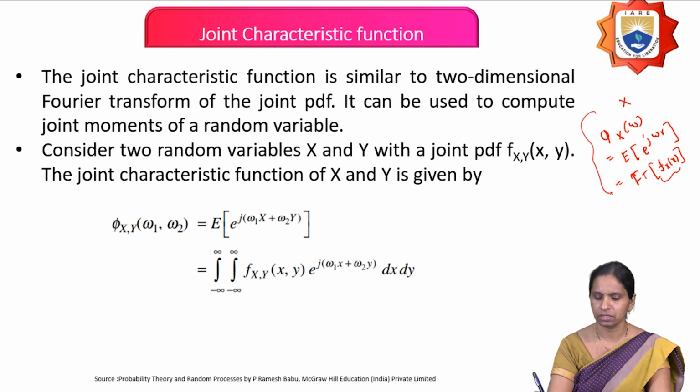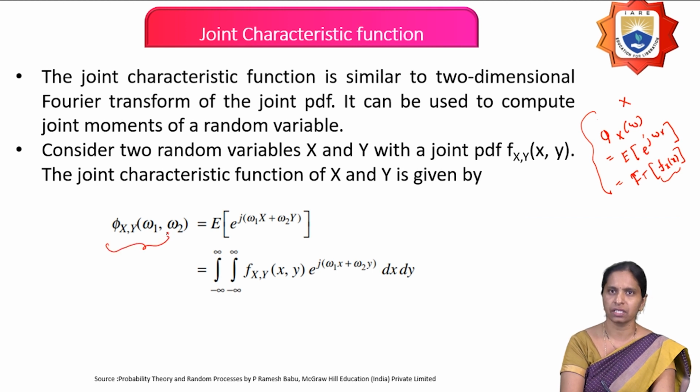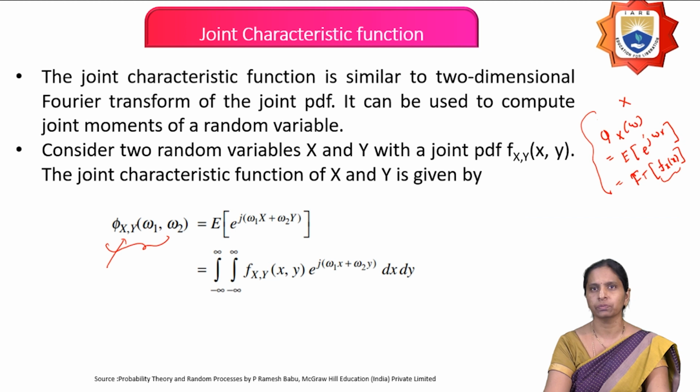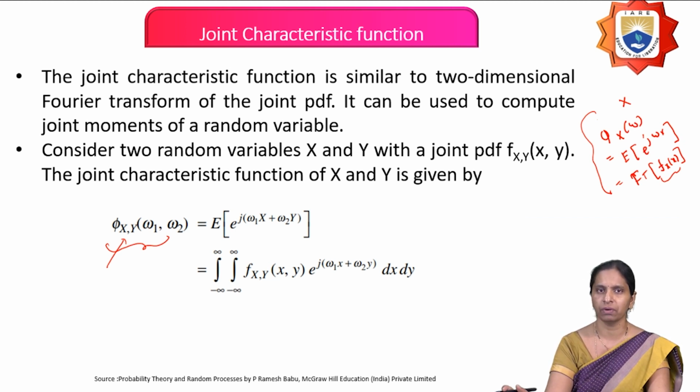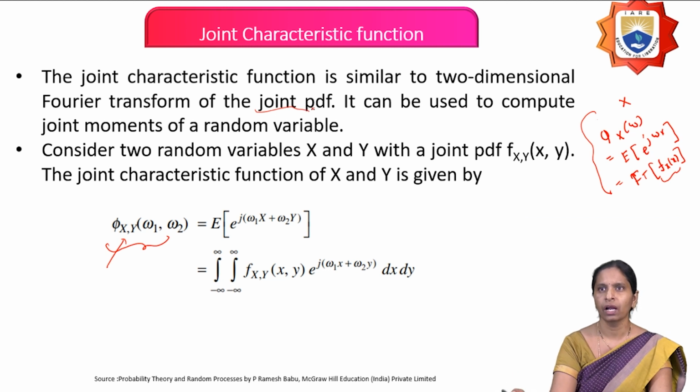The same concept we are applying to the joint characteristic function for two random variables x and y. Therefore, the joint characteristic function of two random variables x and y is defined as the two-dimensional Fourier transform of the joint density function. And this joint characteristic function is used to calculate the joint moments of random variables.